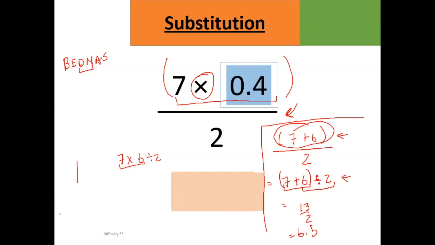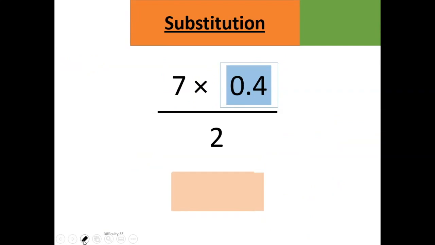Okay, so if I have 7 times 0.4 divided by 2, what am I going to get? You can do this in parts too, right? So if I go 7 times 0.4, that always works too. If you don't want to use brackets, we're going to do the top first. So we get 2.8 over 2, which gives me 1.4.